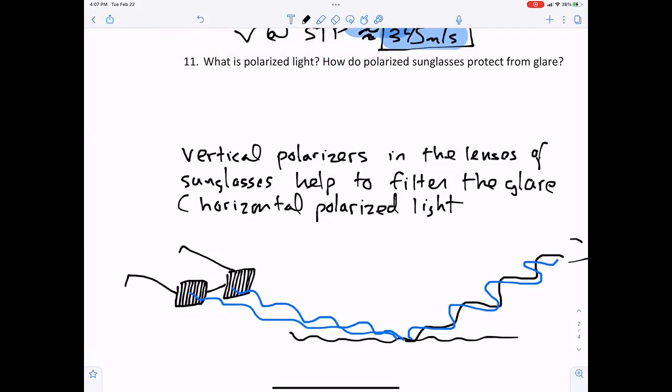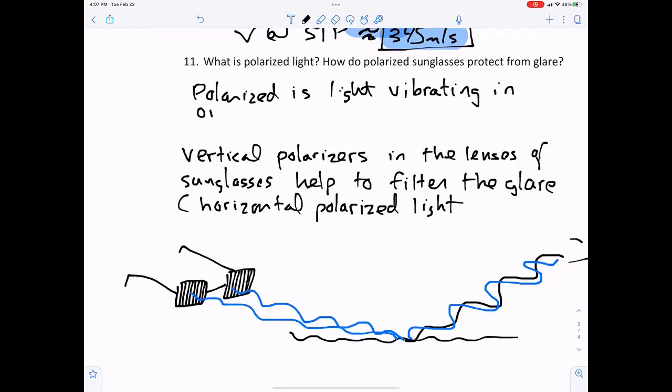Hence, it's very dim and dark through sunglasses. So polarization, polarized light is light vibrating in only one direction.